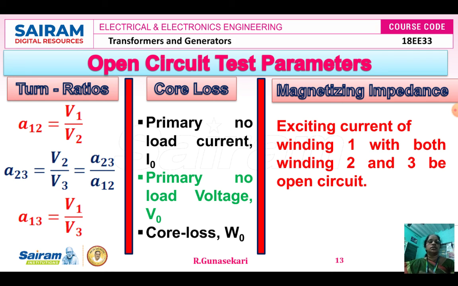Another way is the exciting current of winding 3 with winding 1 and 2 open circuit. Any one of the windings we apply the exciting current and the other 2 windings are kept open circuit. From this you can calculate the magnetizing impedance from the exciting circuit only.